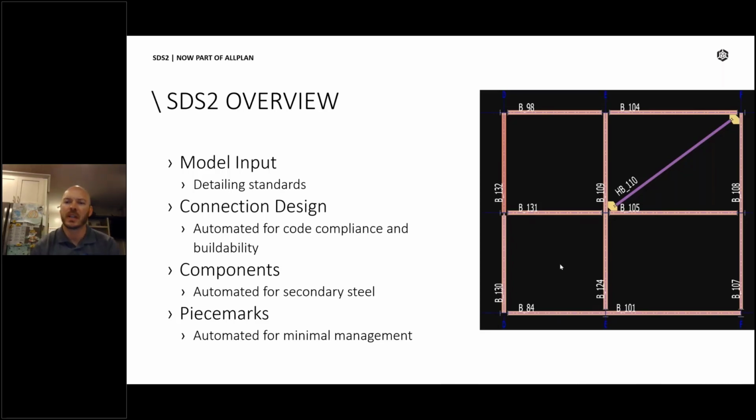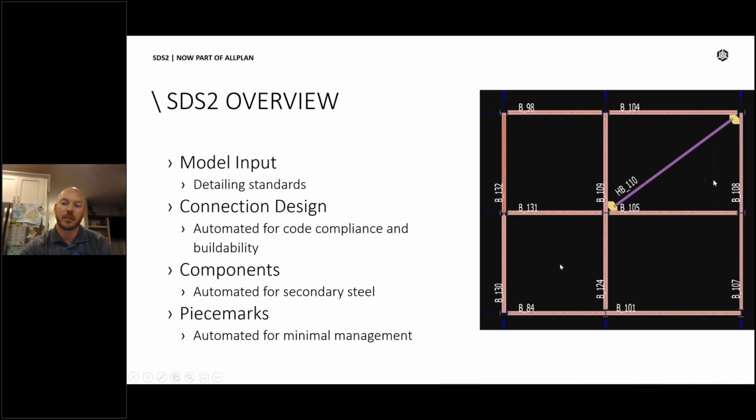One pretty simple example, up on screen on the right-hand side, is our piece marks that are assigned to each assembly or each member in the model. Traditionally, your piece marks are always indicated at the left end of that member. Looking at the members on my screen, the left end is at the left for the horizontal members and at the bottom for the vertical members.